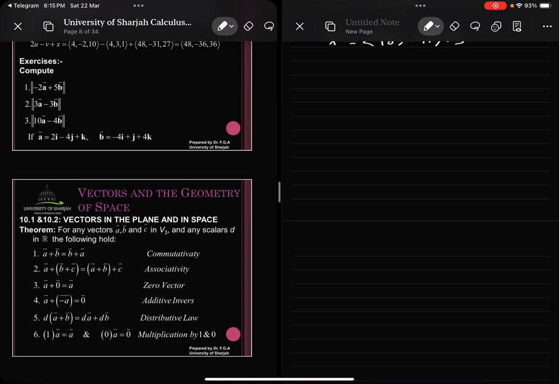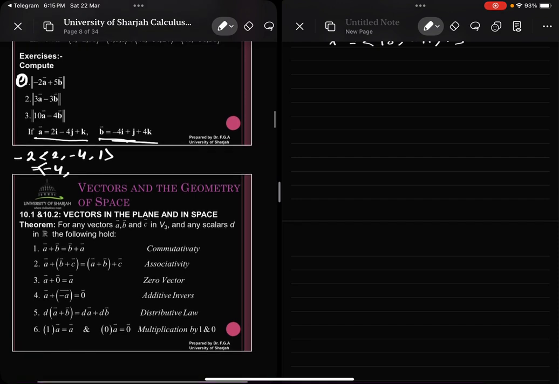Exercise: compute negative 2a plus 5b. Basically here you have a and you have b. I will solve question 1. Negative 2a will be negative 2 times vector a, which is (2, negative 4, 1), so it will be (negative 4, 8, negative 2).